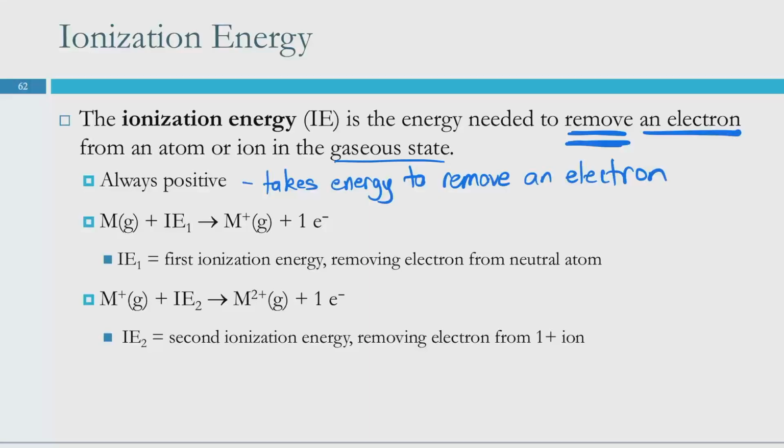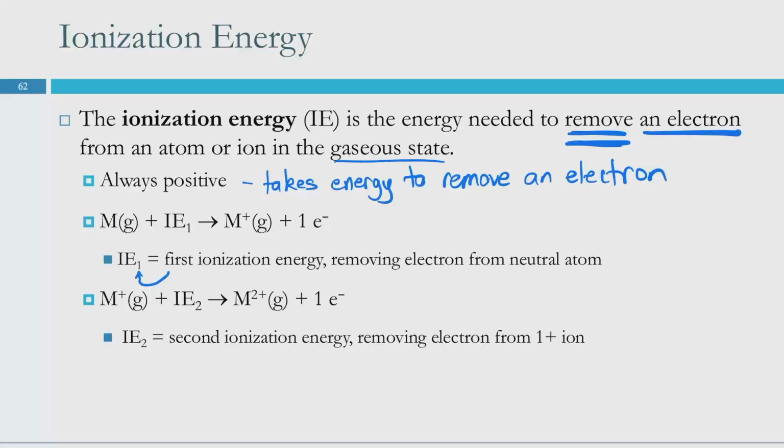And we have a couple of different ionization energies. You probably saw ionization energy if you've taken Chem 20. We only talked about, in Chem 20, at least in my classes, first ionization energy. We're also having a conversation now. We're going to add in second, third, fourth, etc. ionization energies. So our IE1 is our first ionization energy.